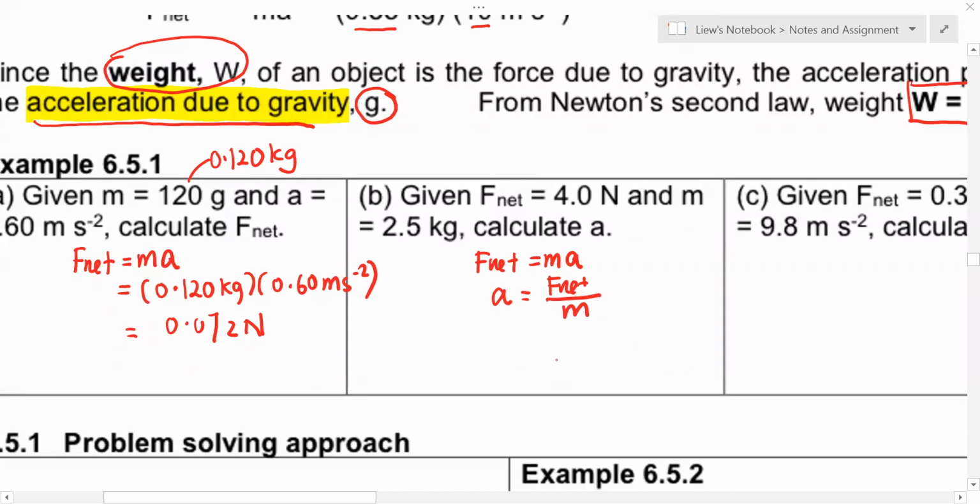Check, are you given the information in SI units? Force is in newtons, that is correct. Mass is in kg, that is correct too. So no further conversion required. Just substitute 4.0 over 2.5. So you get 1.6 meters per second squared.